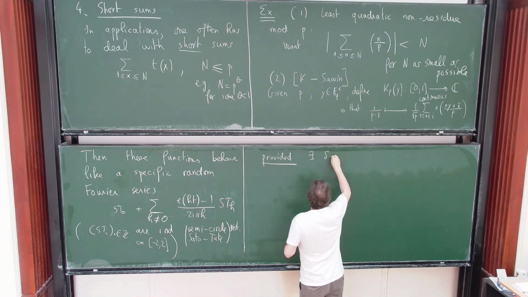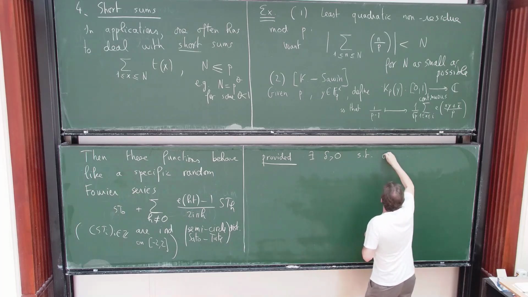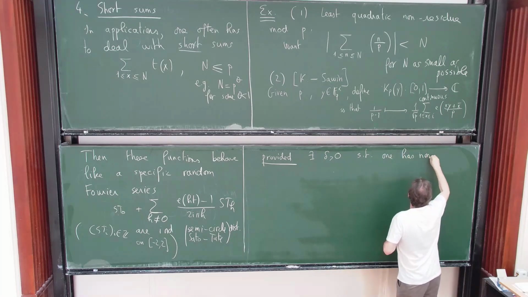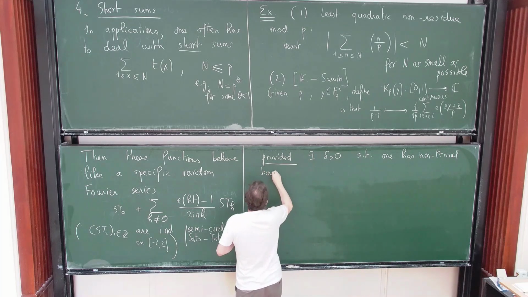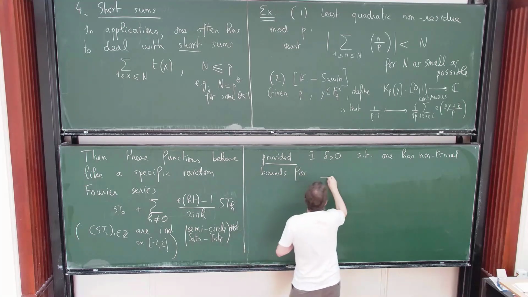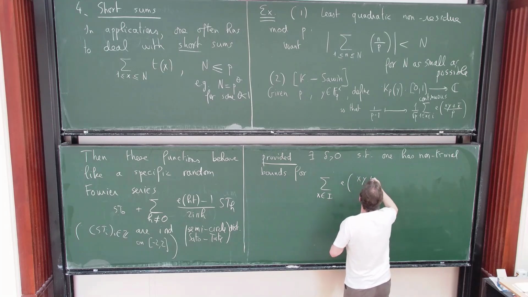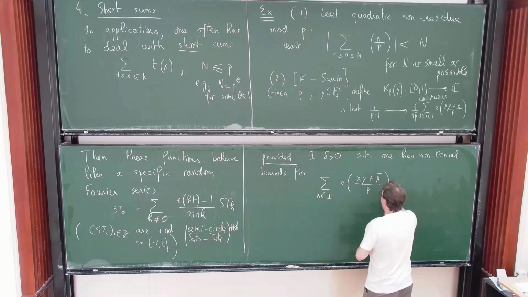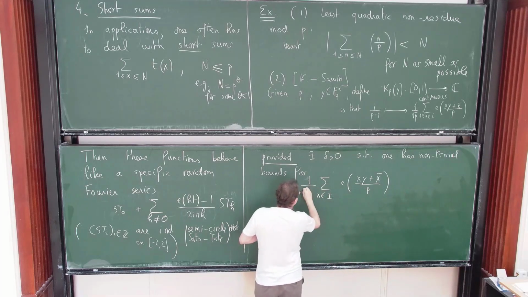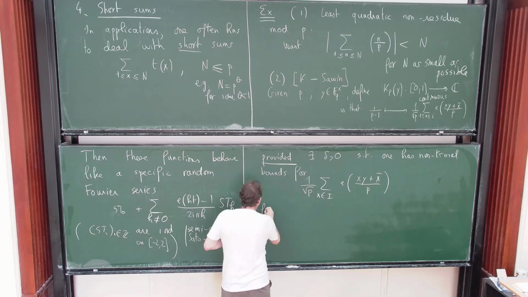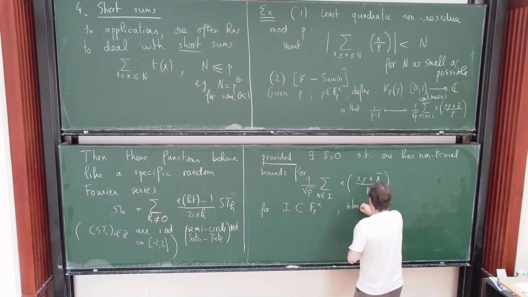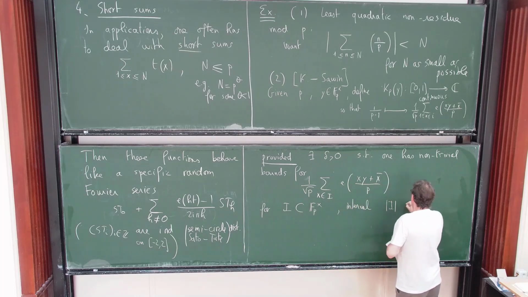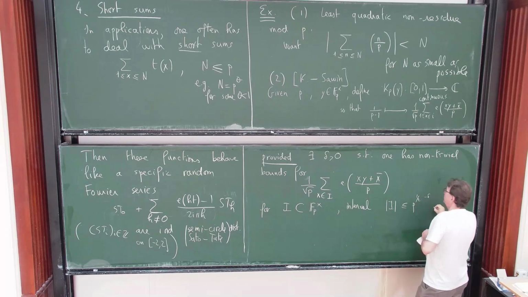Provided there exists a positive delta such that one has, I'm not going to be super precise, a non-trivial bound for the sum for x in I, e of (xy plus x inverse) over p, divided by the square root of p, for I the image modulo p of an interval of length bounded by p to the 1/2 minus delta.